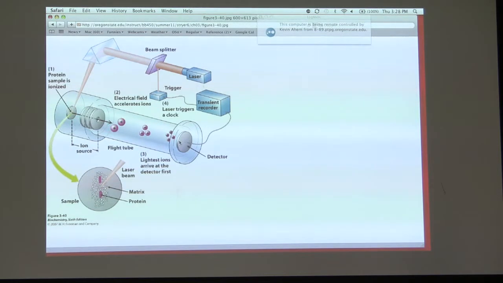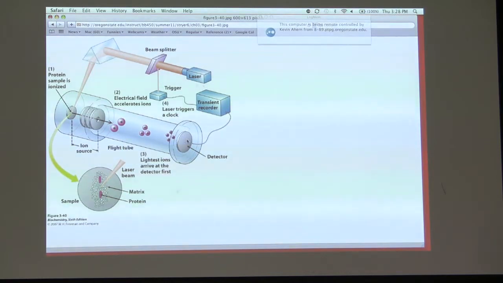Now, if we think about this, when we ionize this material right here, if we make note of the time at which we ionize it, and we watch the time very carefully, the time it takes for an ion to move down here all the way to the other end is actually proportional to the mass of the material.